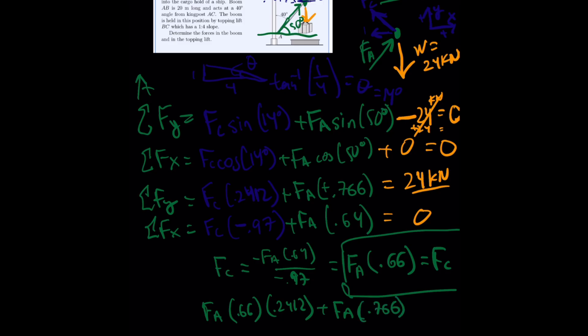All of that is going to equal 24. So once we solve for all this, we're going to get 0.2412 times 0.66 plus 0.766.